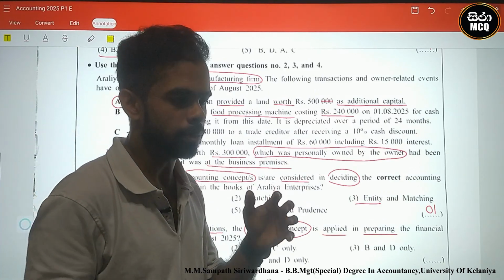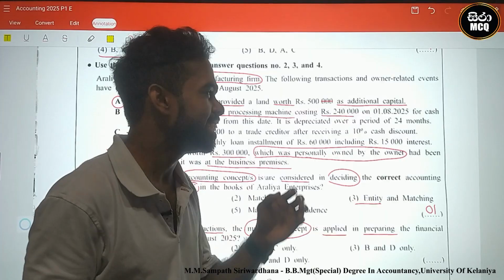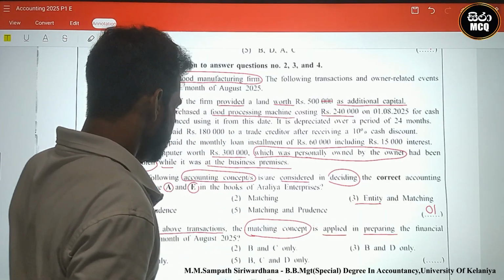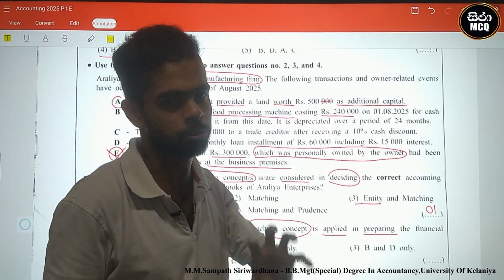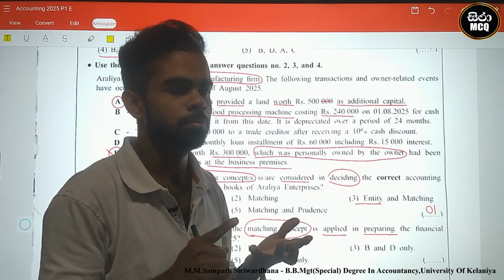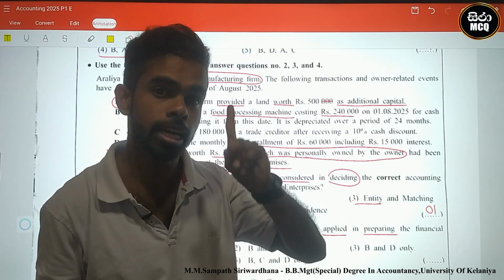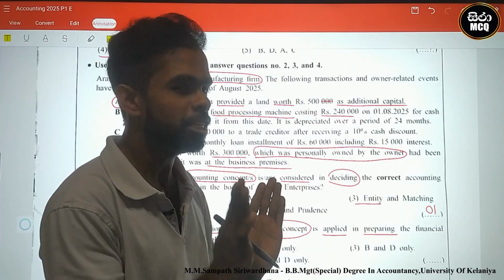This is a non-current asset. This one is not related to expense. Why? Purchase of the machine: cash credit, machine debit. The machine is an asset. Now we find the expenses.